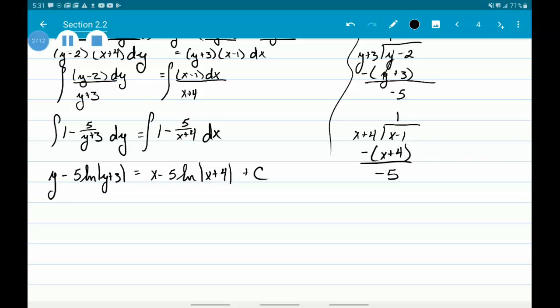Let's see if we can rewrite this using exponential functions. I'm going to move all the ln stuff to one side and everything else to the other. So I have y minus x minus c equal to 5 ln of y plus 3 minus 5 ln of x plus 4.